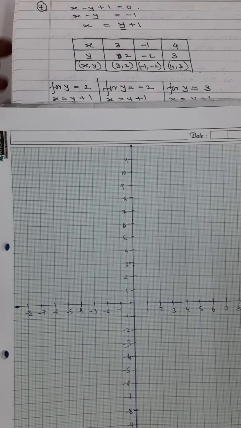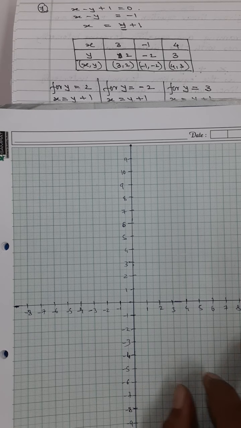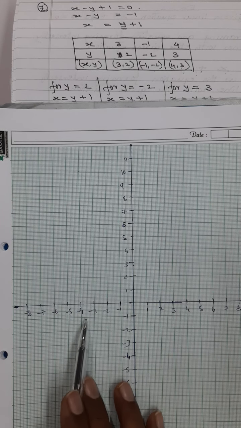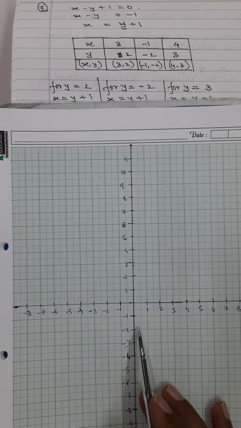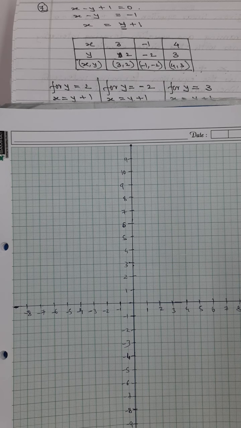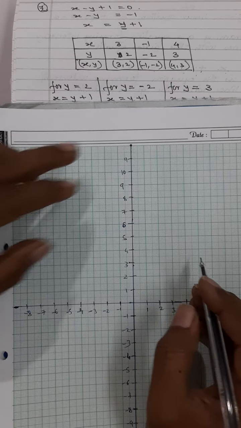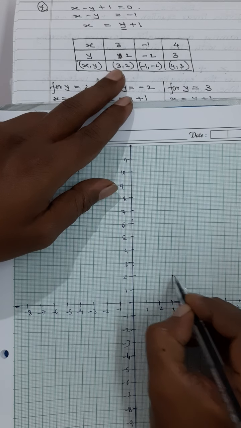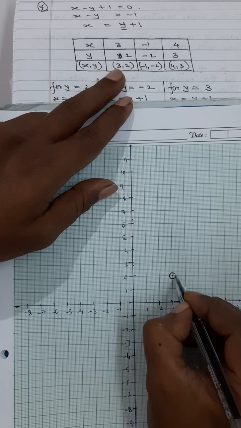So now I go to make the graph. What is the first one? 3 comma 2. This is 3 comma 2, and it comes over here.